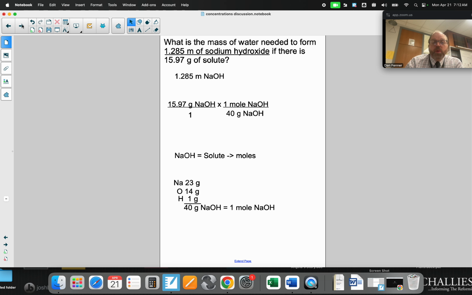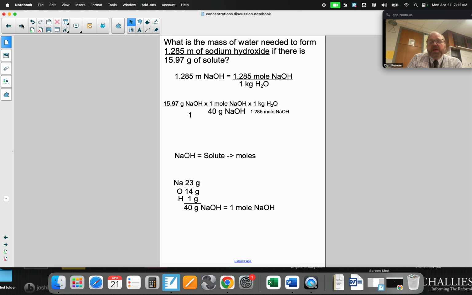So if I have 1.285 molal, we're going to do the same thing we did last time. We put the units over 1, so I would have 1.285 moles of NaOH over 1 kilogram of water. But this time, instead of just sliding it down, we're going to flip it over so my moles will cross out, and it'll be in kilograms. So 1 kilogram of water over 1.285 moles of sodium hydroxide.